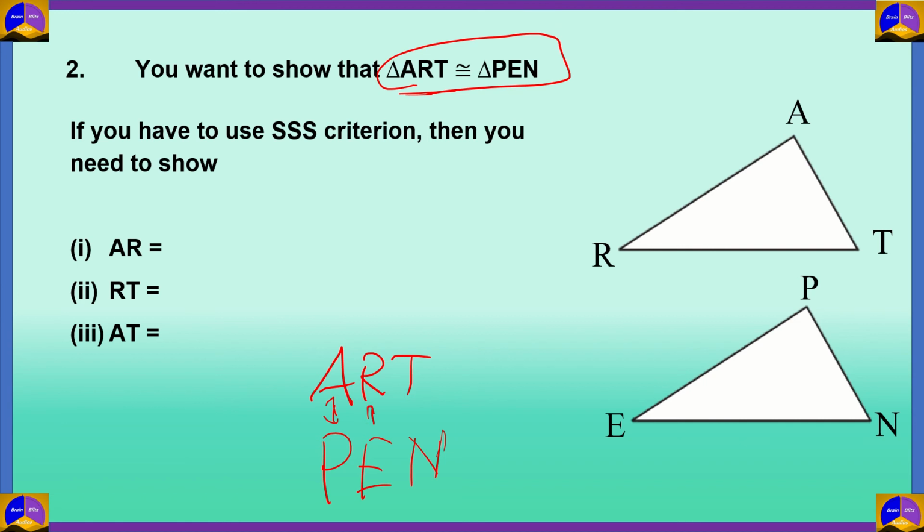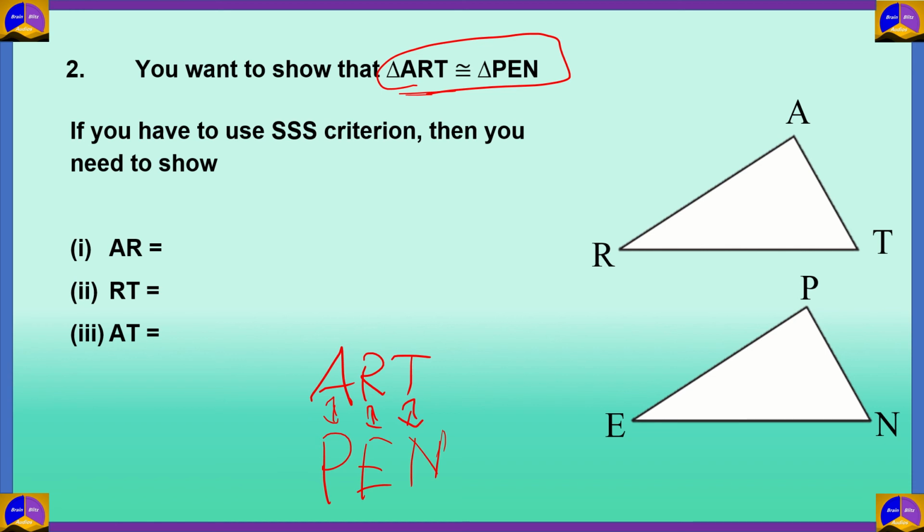And then we can see that angle A is equal to angle P, angle R is equal to angle E, and angle T is equal to angle N. Now the first one is AR.